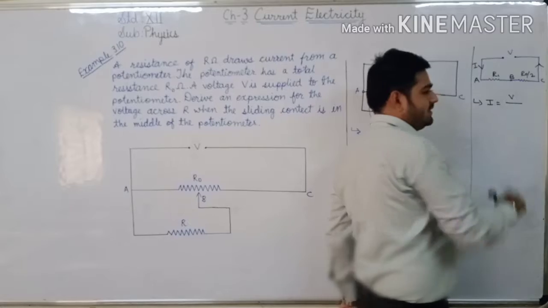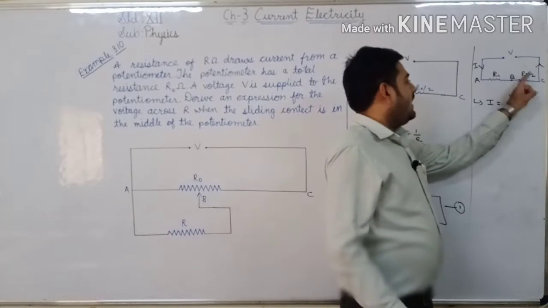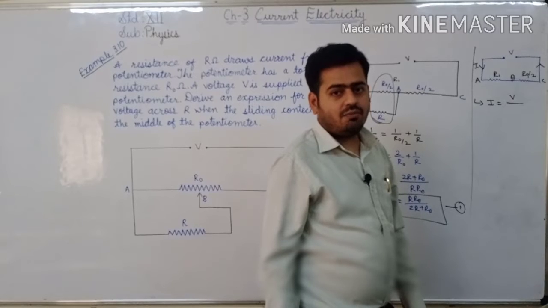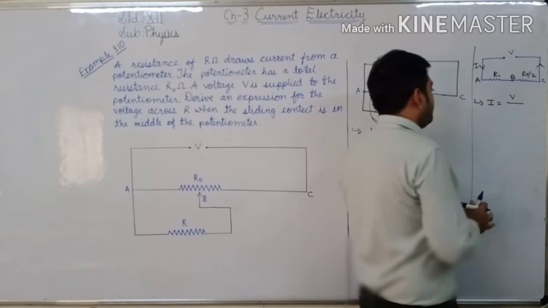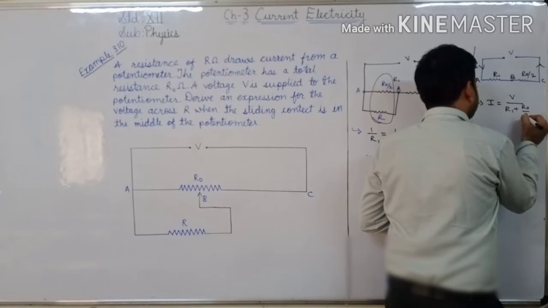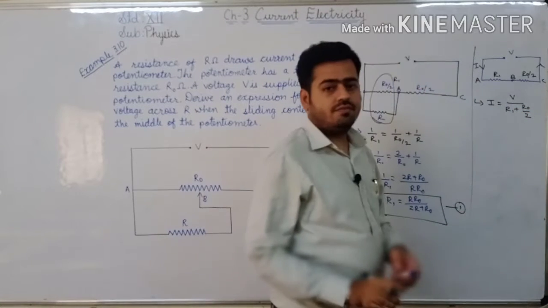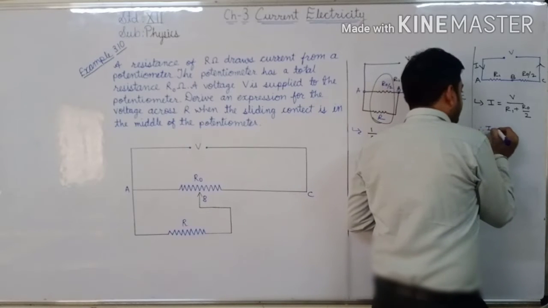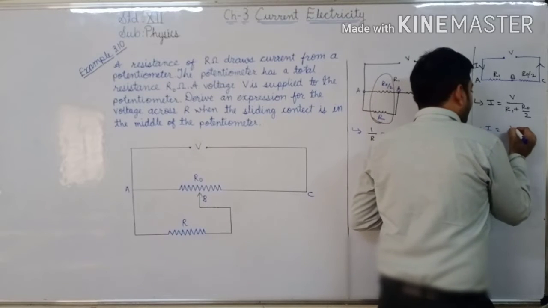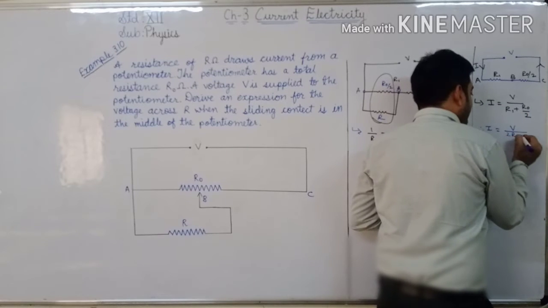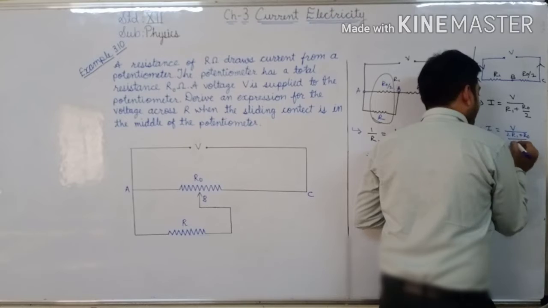What is the total resistance? R1 and R0 by 2 are in series. तो सीरीज का फॉर्मूला हमें मालूम, R1 plus R0 by 2, right? Therefore I is equal to V, taking LCM, 2R1 plus R0 divided by 2.